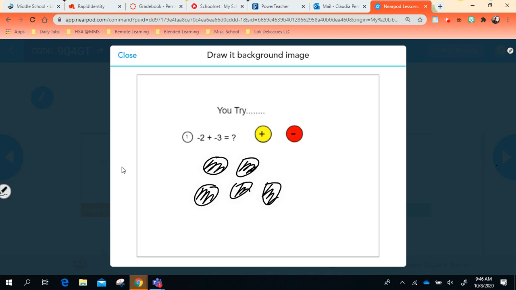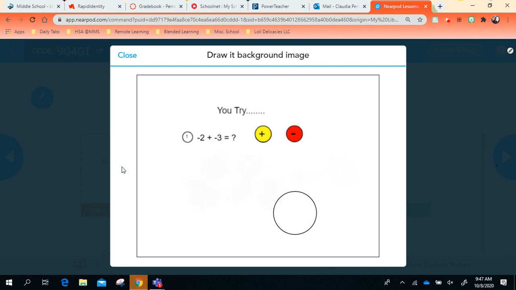I cannot create 0 pairs with 2 negatives. So that means all I'm doing is adding everything together. So I have 1, 2, 3, 4, 5. Is it positive or negative? Negative. So you see that a negative plus a negative gave us a negative answer.